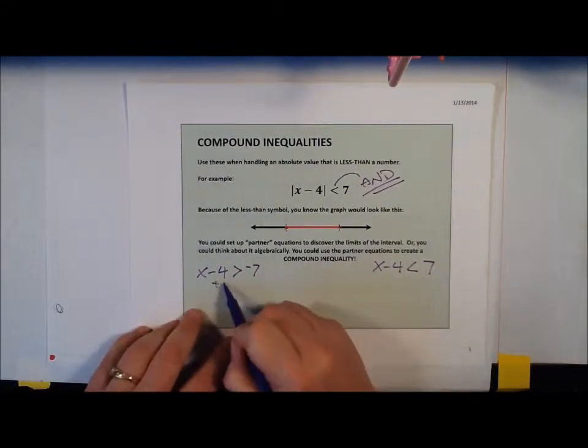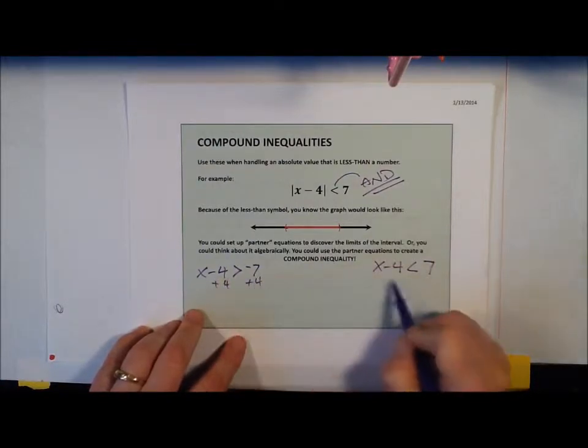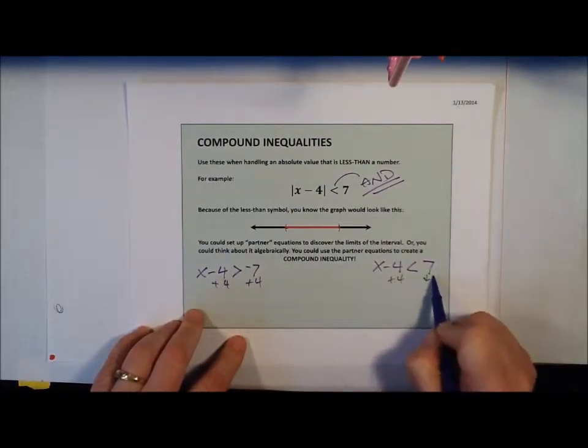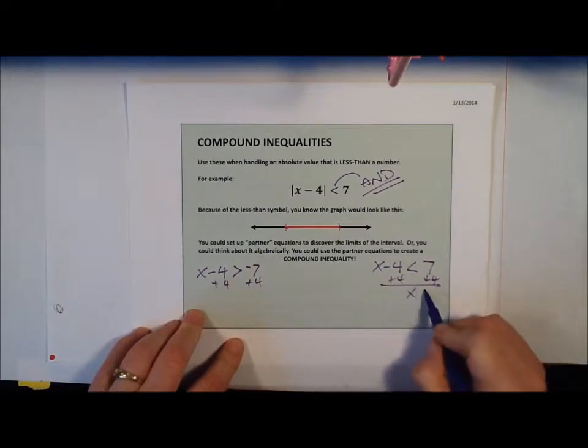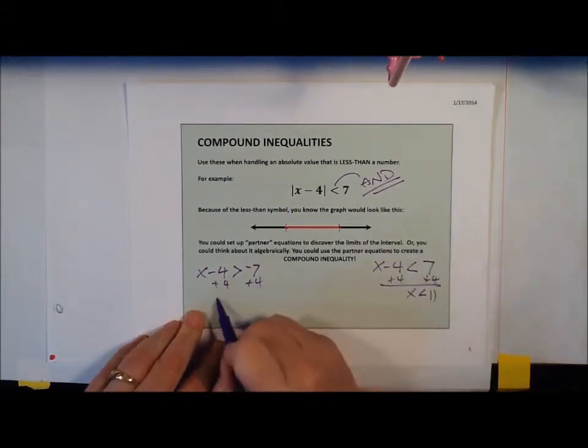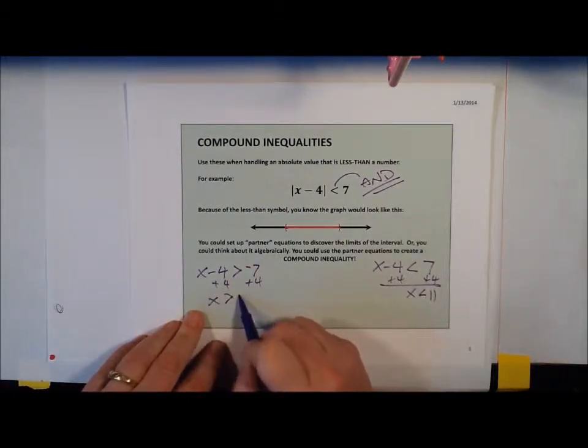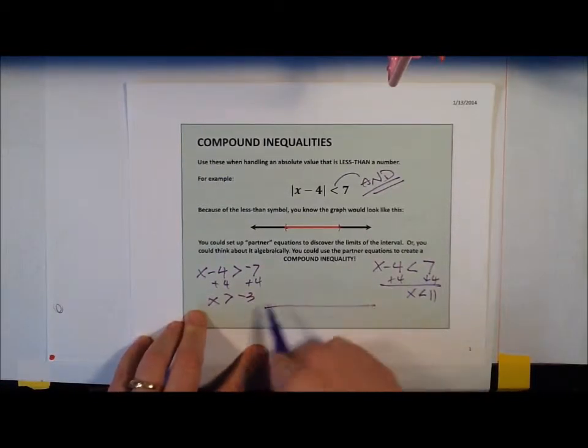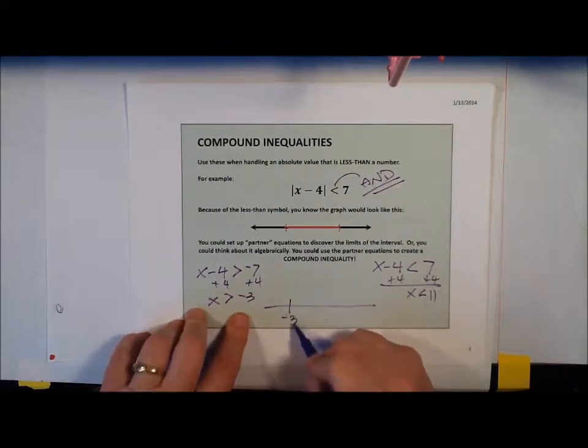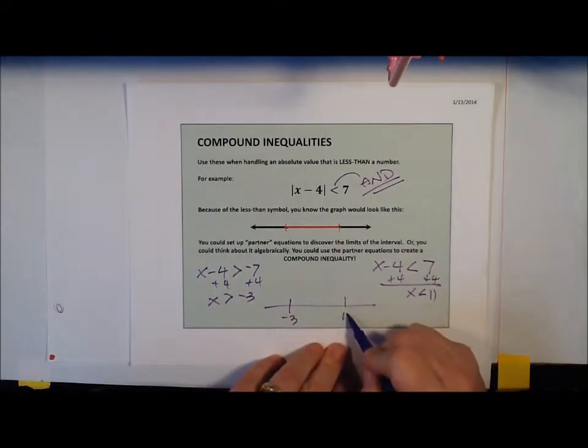And I could do that, add the 4. So I know, just from doing it this way, that it's going to be negative 3 or 11.